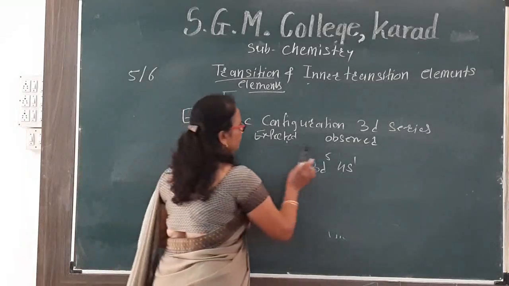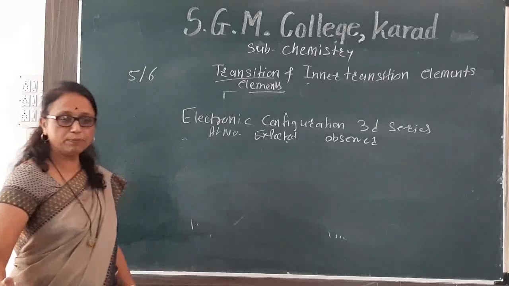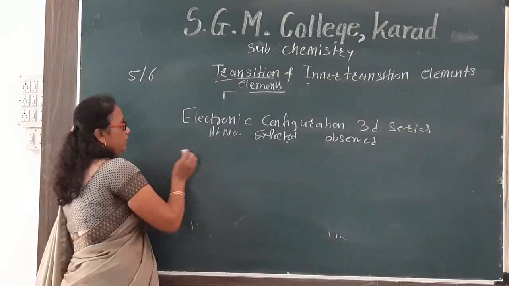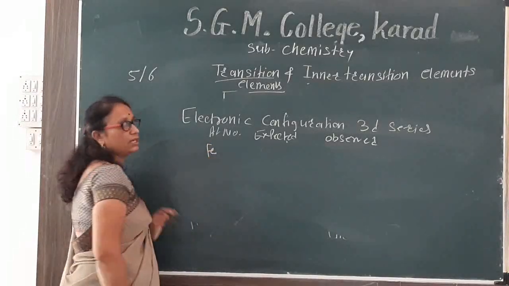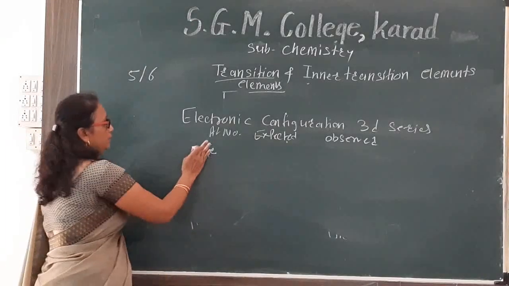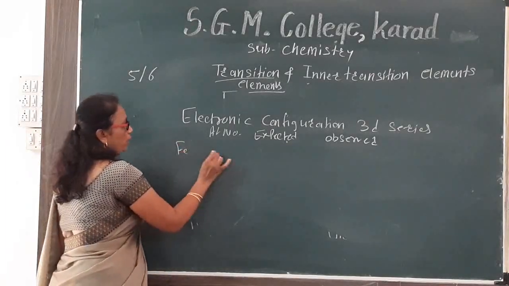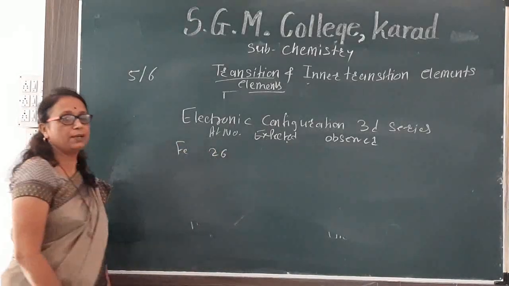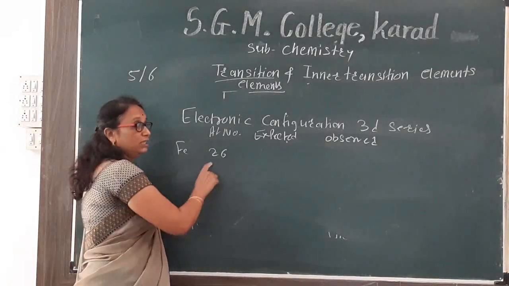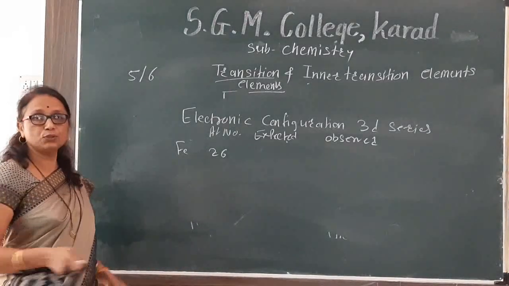Then the configuration of the next element, iron, which has atomic number 26. We can write only the outer electronic configuration also.